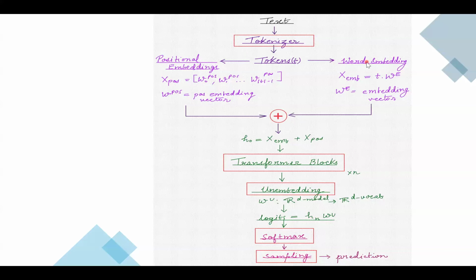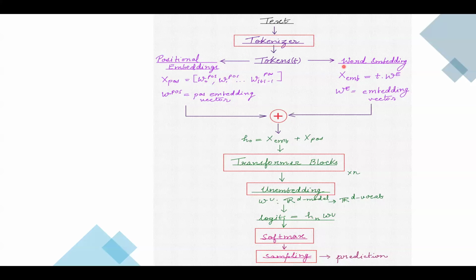First, on the right side of your screen, you can see there is word embedding, right? This word embedding, as I stated earlier, is already learned by a representation learning task, and we have a WE matrix here. The dimension of this WE matrix would basically be D vocabulary cross D embedding.